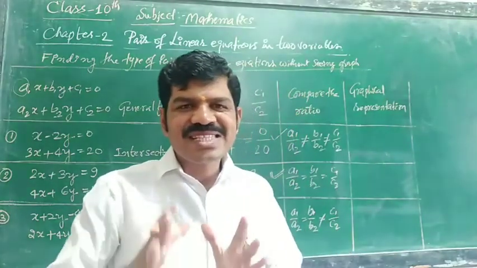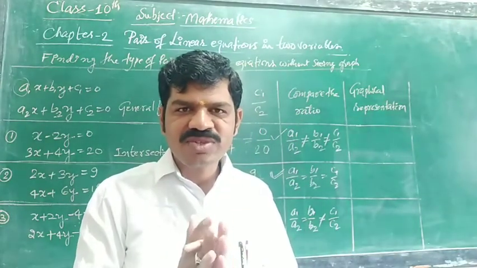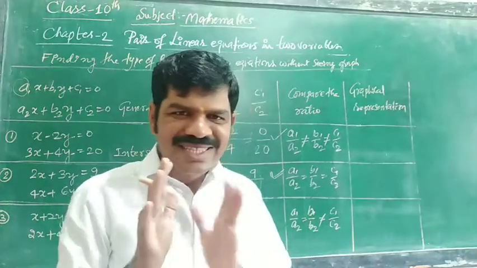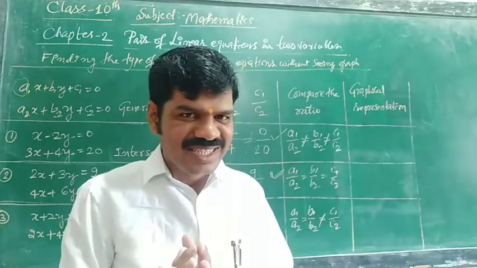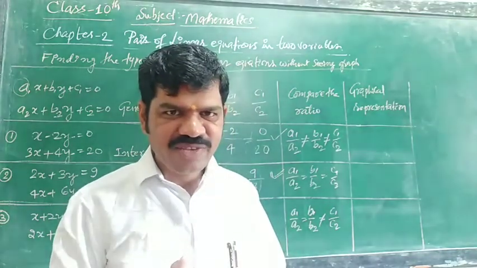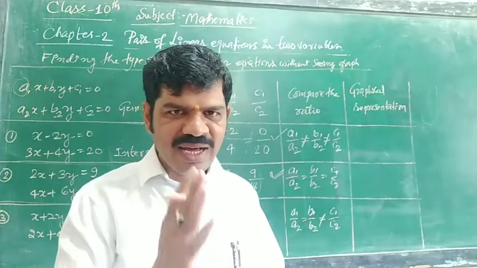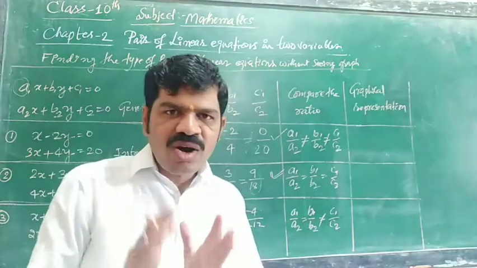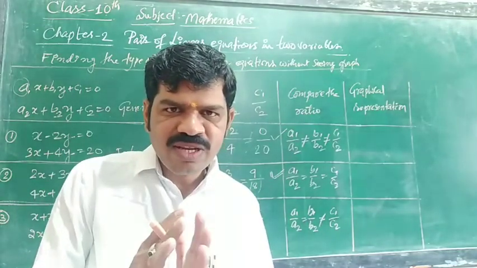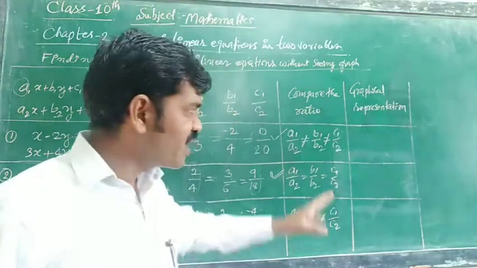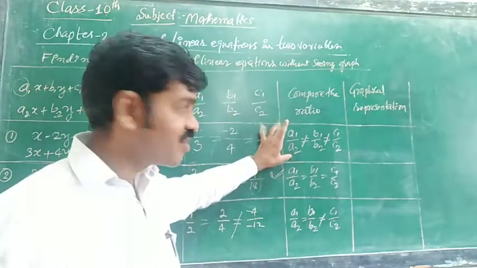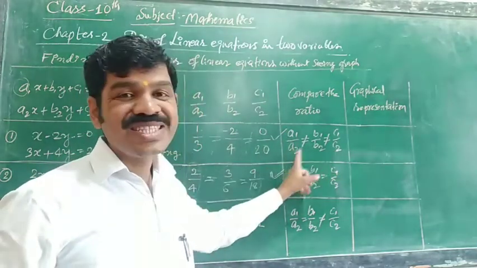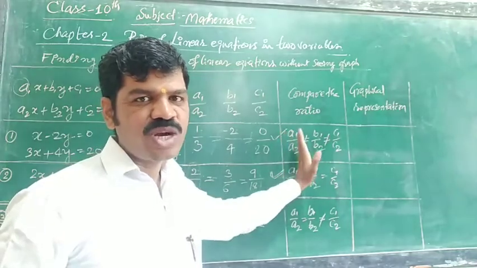If we just look at a pair of linear equations, we can judge whether the given pair is parallel, intersecting or coincident. If the given pair of linear equations is intersecting, then the coefficients should satisfy this: a1 by a2 should not be equal to b1 by b2.